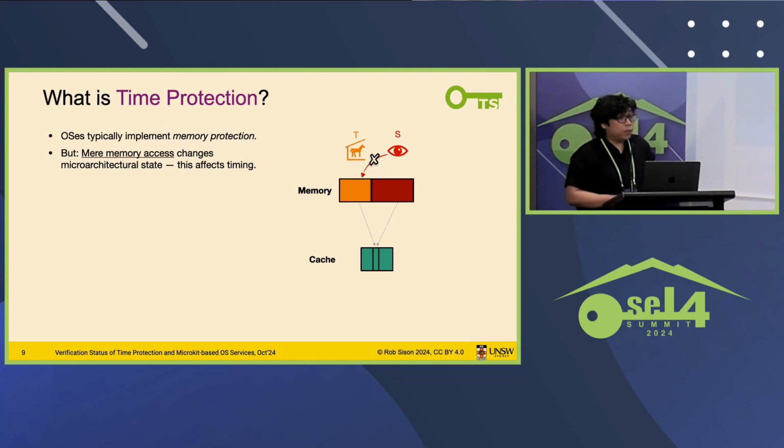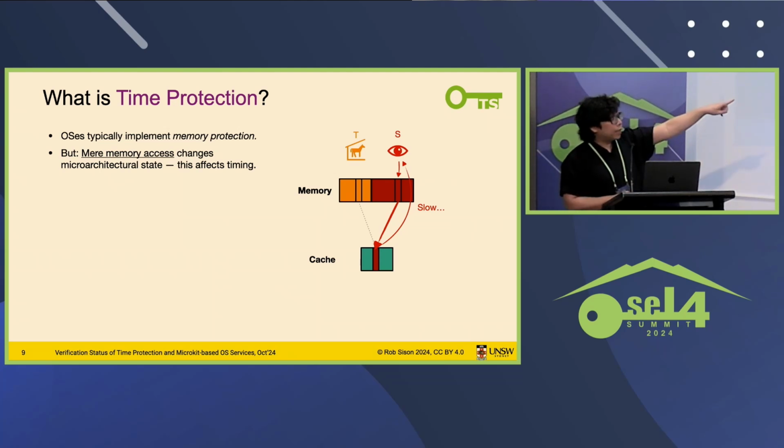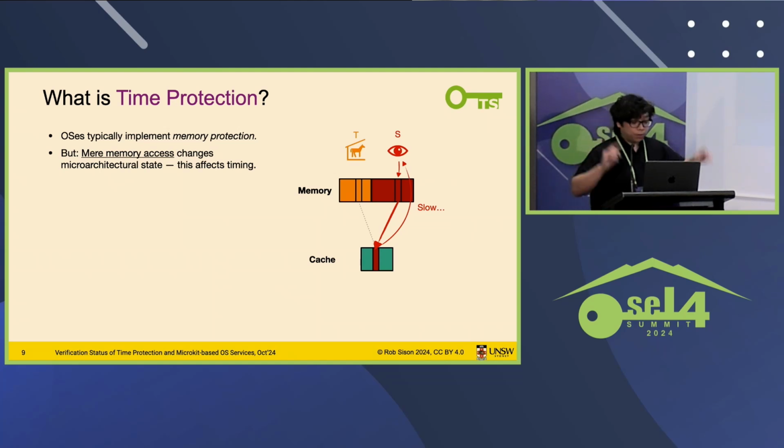Well, they can do this without even having any mappings to each other's memory, because even if the spy accesses only their own memory, there's microarchitectural state that's shared between the two. And if the OS hasn't been very careful about which physical addresses it gives to each of them, they can overlap in the cache. Rather, the cache can service the same physical addresses.